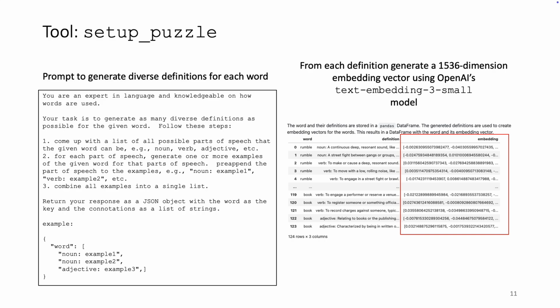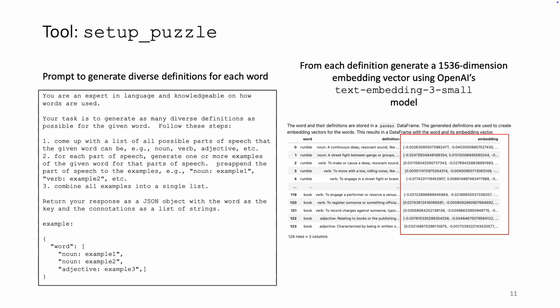Now let's move to the right side of the slide. Once we have this collection of definitions, we perform the next step by using OpenAI's Text Embedding 3 small model. This model converts each definition into a 1536 dimensional vector, providing a numerical representation that captures the meaning and context.